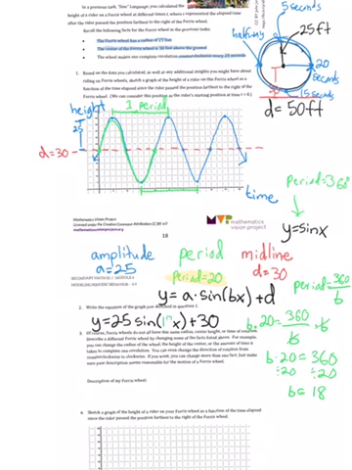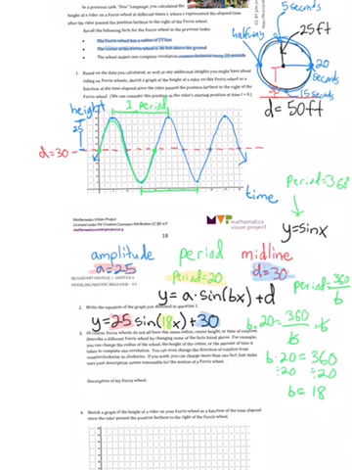So that's how we end up with our b value of 18 for this problem. And that's how we'd write this equation. Our amplitude is 25. That's the a value. Our period was 20, so the b value came out to 18. That's how it was related to the period. And then the midline was 30. So that's where we got the 30 from.